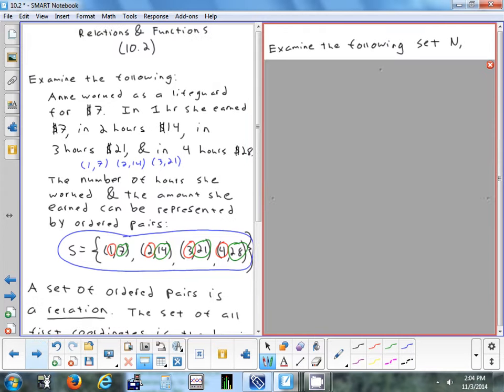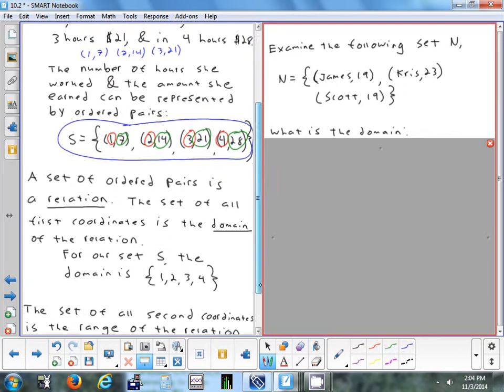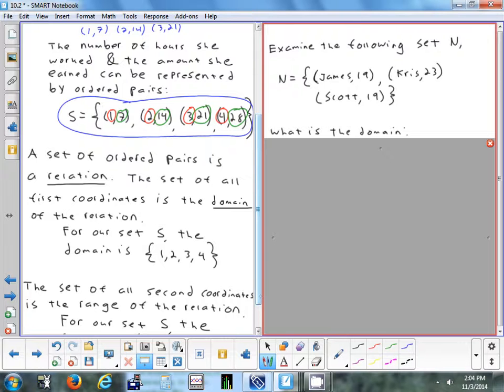Okay, so let's look at this. This could represent a relation, because we have three ordered pairs. It's a set of ordered pairs. And in this case, it represents names and ages.